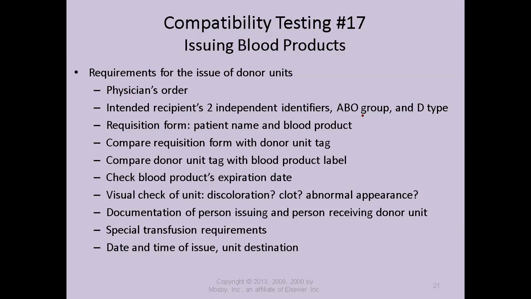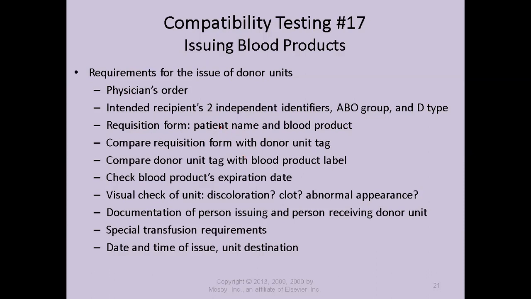If it's an emergency situation, remember it's O negative. Requisition form, if it's not a stat thing, patient name and blood product that they need. Compare requisition form with the donor unit and tag. This is what's happening when the unit's being released to the person from the OR or the ER. There's a give and take back and forth.